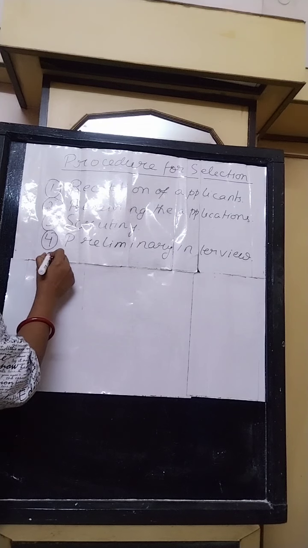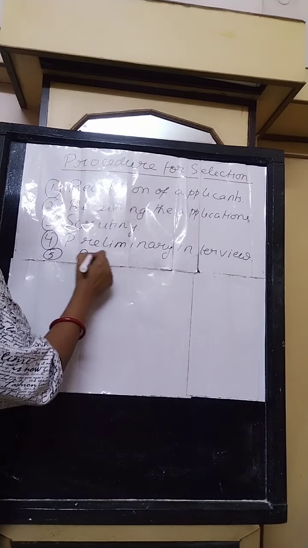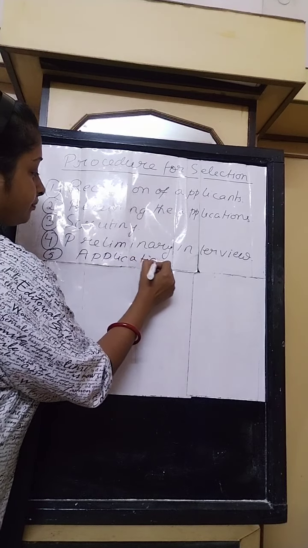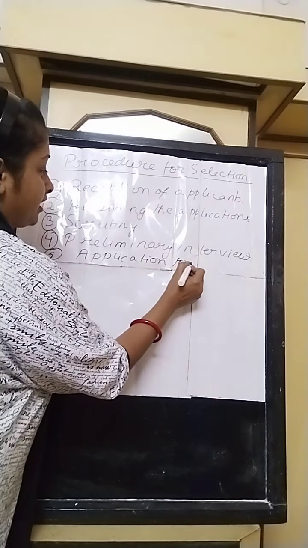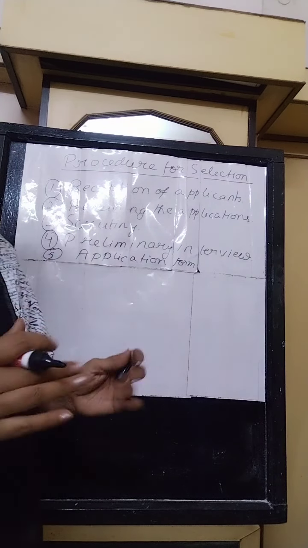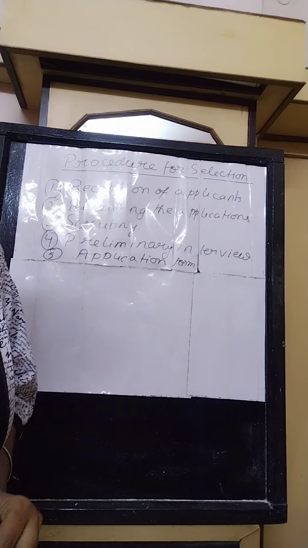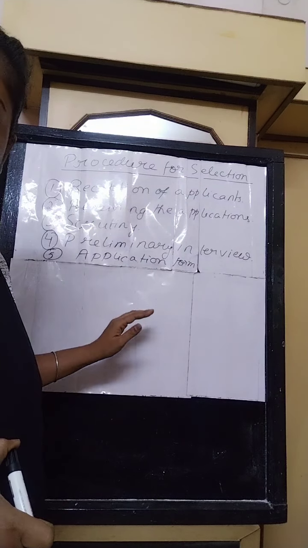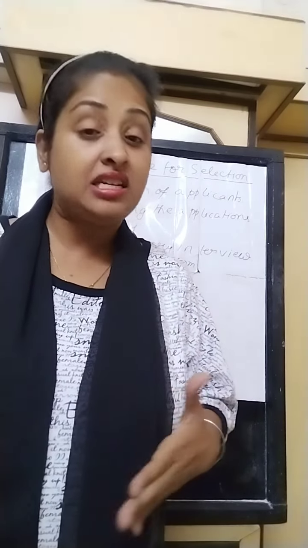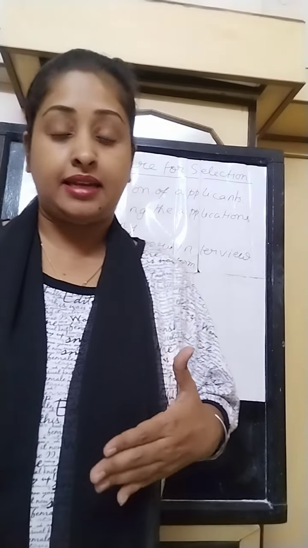Then comes the fifth step, that is, the application form. I'll explain what this application form is all about. The applicants who are selected at the preliminary interview are given application forms for supplying detailed information about the candidates.